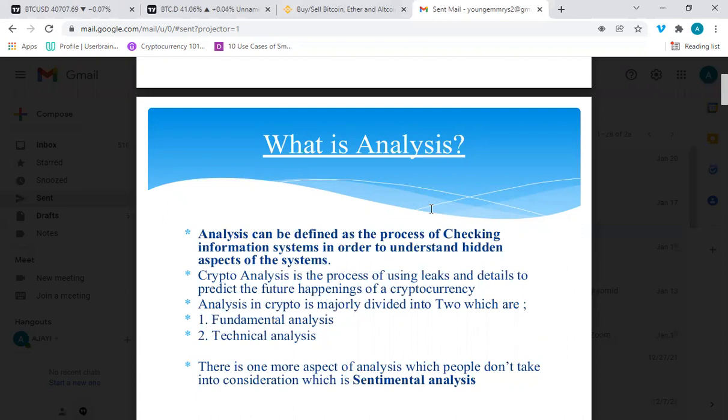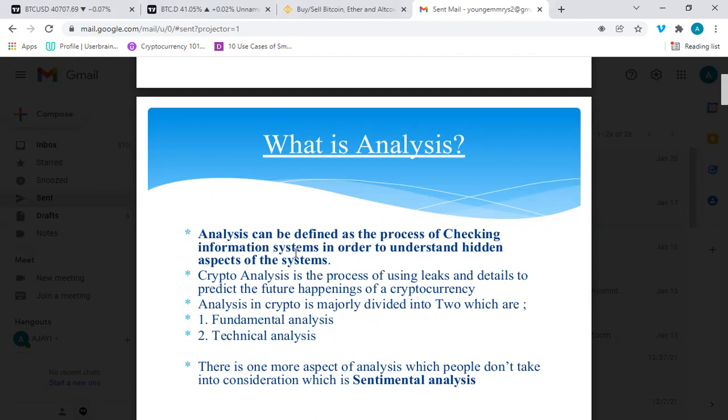Then you take the phone, you check everything, the battery, the space, the RAM, the pixel and everything inside. Then you tell the person, okay, bro, you can buy this phone, or no, don't buy it. What you just did now is analysis. Analysis can be defined as the process of checking information in a system in order to understand any aspect of the system.